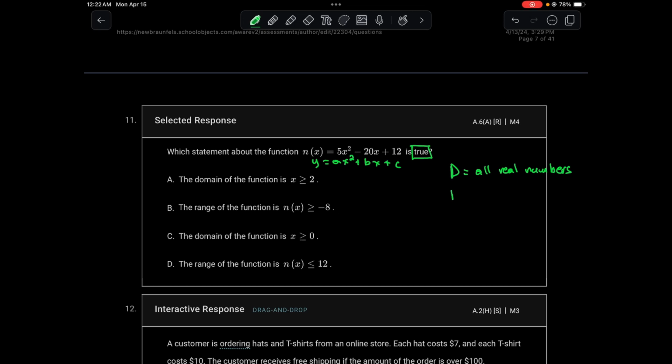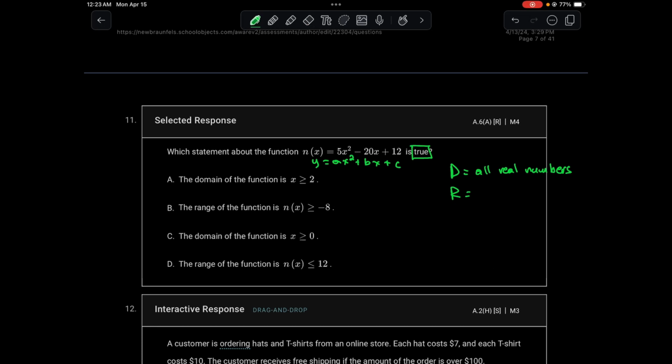Now the range is going to start from the vertex, and it's either going to go up or go down. So the range is not all real numbers.